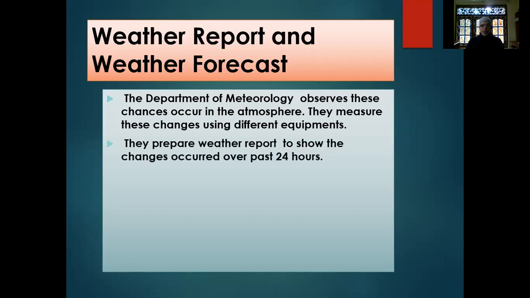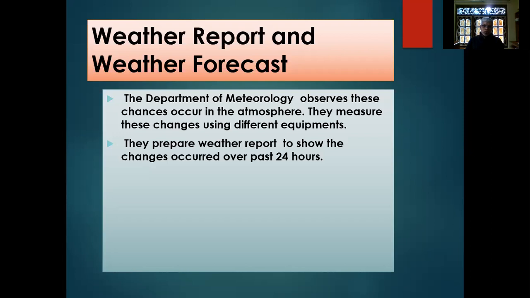They prepare a report to show the changes that occurred over the past 24 hours. That's a weather report. Keep in mind, a report connected to the past 24 hours tells us what happened in the past. What are the changes that occurred in the past 24 hours?